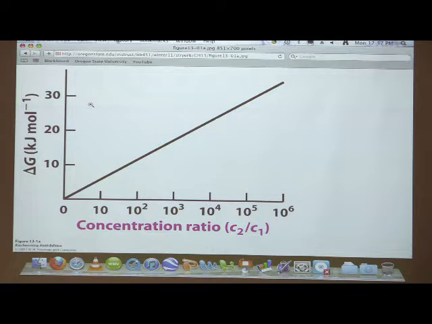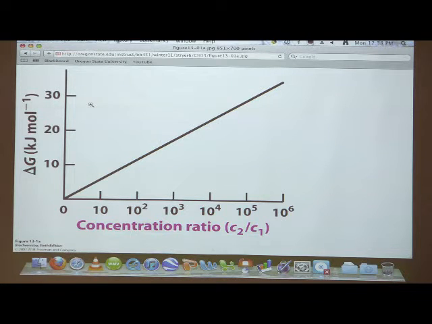All right? Well, what we're going to find with cells is cells have to do some unusual things. One of the things that they have to do is sometimes they have to move an ion from a low concentration to a higher concentration. Okay? Sodium's a real good example. Cells are very much in the business of pumping out sodium and pumping in potassium. They push sodium out against a concentration gradient, and they bring potassium in against a concentration gradient.